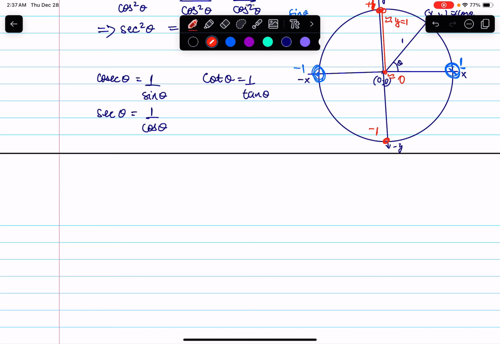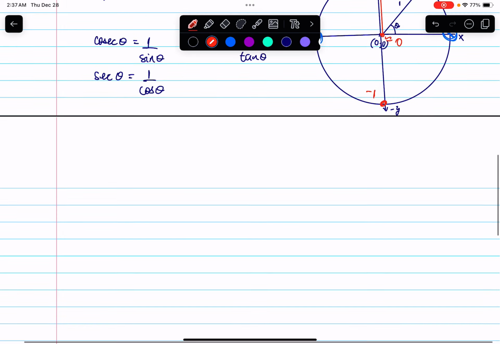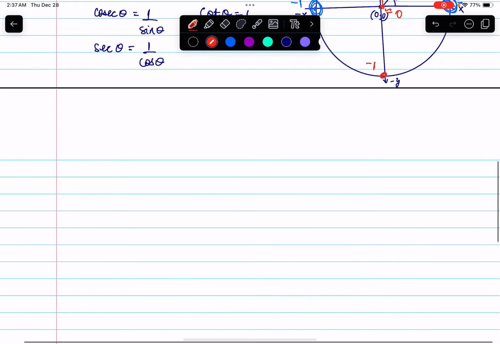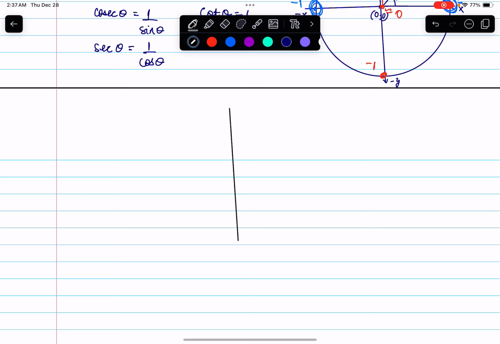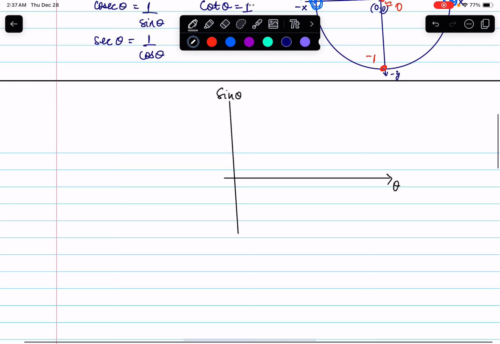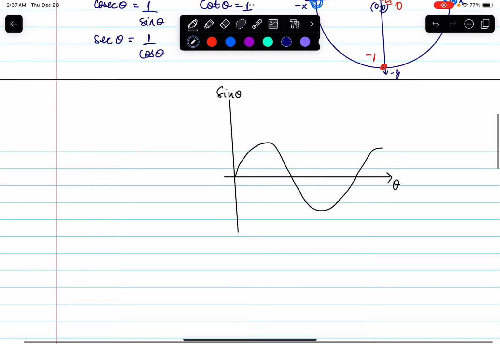Now we can look to graph the sine and cosine functions. Okay? So we're going to look at how to graph the sine function. If this is sine of theta, and over here you get a value of theta, then the sine of theta function is going to go in this direction.